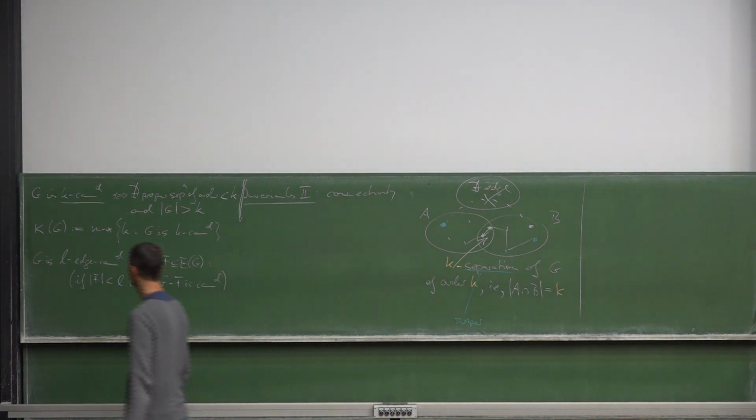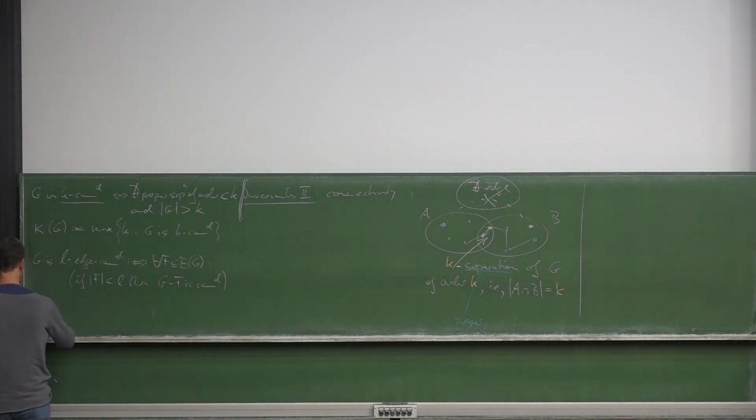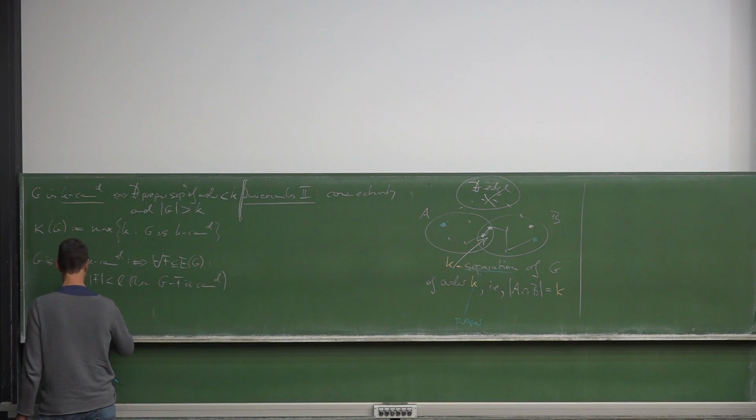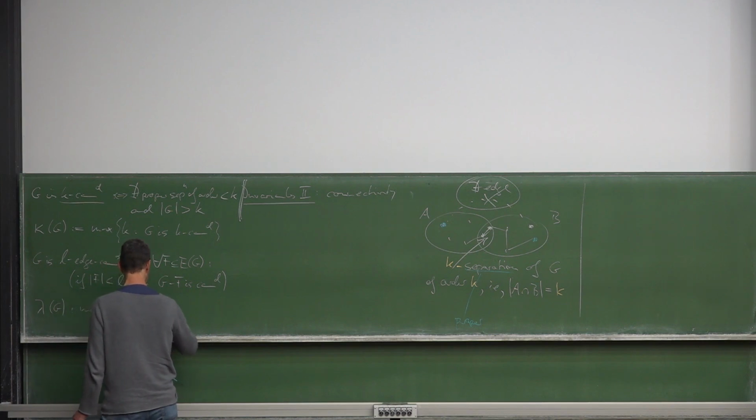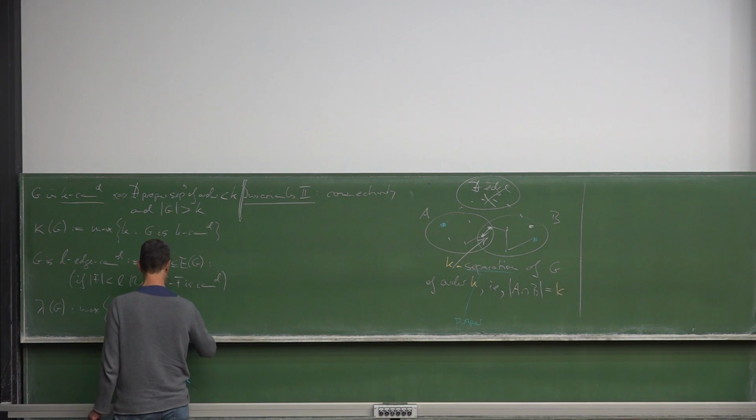So lambda of G, which we call the edge connectivity of G, is just the analog of the above, the largest L such that G is L edge connected.